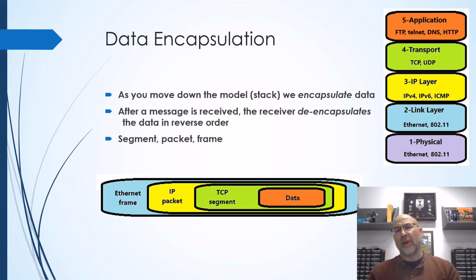But when that Ethernet frame is received, the exact opposite process happens. You open up the Ethernet frame and get rid of it. You open up the IP packet and then you get rid of it. You open up the TCP segment and you get rid of it, and then you have the data. Now we'll see why all of that is necessary later on, but the important thing to remember right now is that we do this process of encapsulation and de-encapsulation, and then also we have the words frame, packet, and segment.